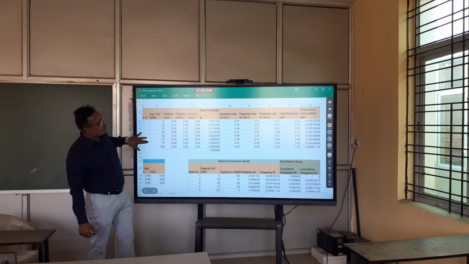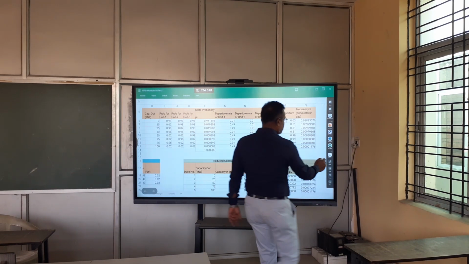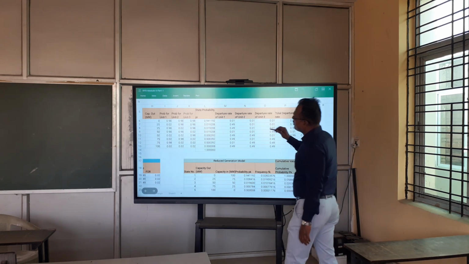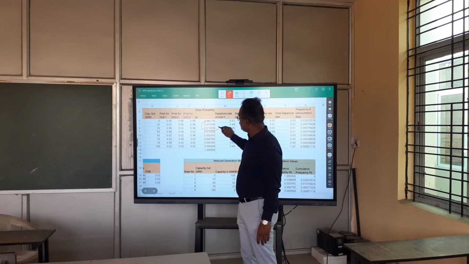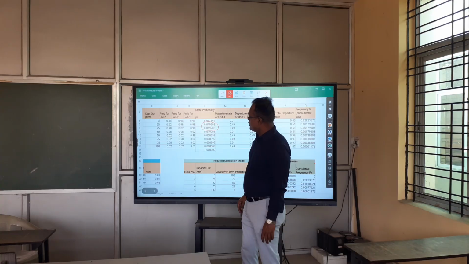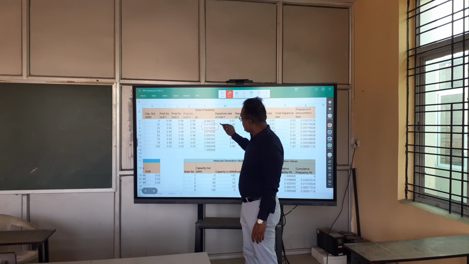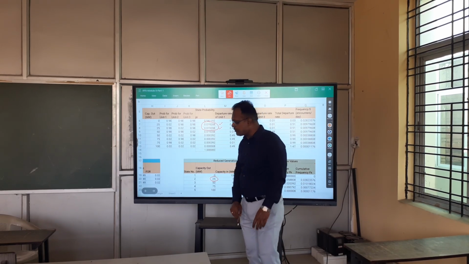But here the same thing is repeated. For example, the probability of a 25 megawatt outage is these two, right? The system can remain in this state or in this state. So what's the probability of 25 megawatt capacity outage?